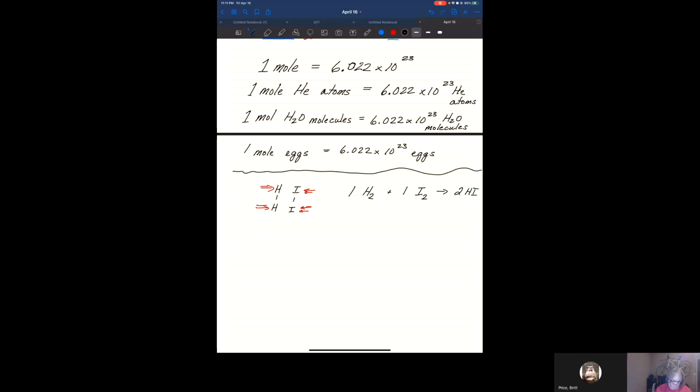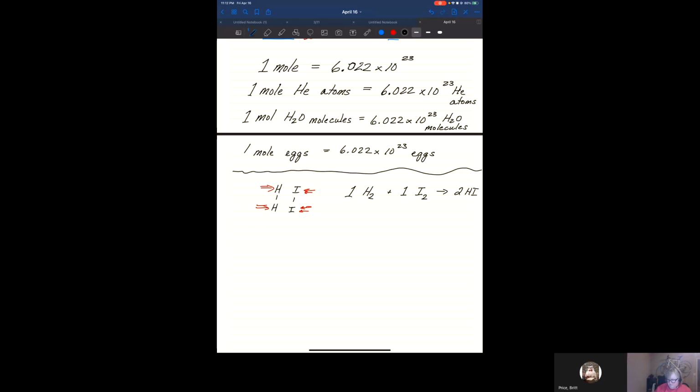There is no way to physically go pick up 1 iodine molecule. But this is the reaction. The reaction happens between 1 molecule of H2 and 1 molecule of I2. That's the ratio. 1 H2 combines with 1 I2.